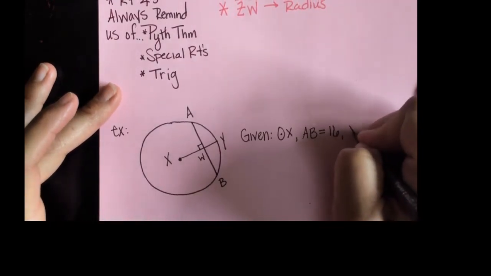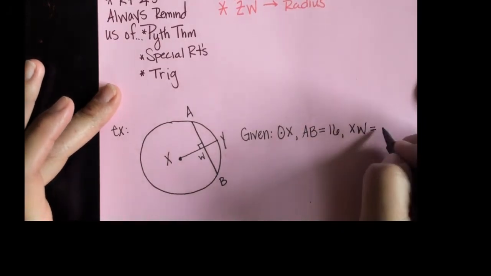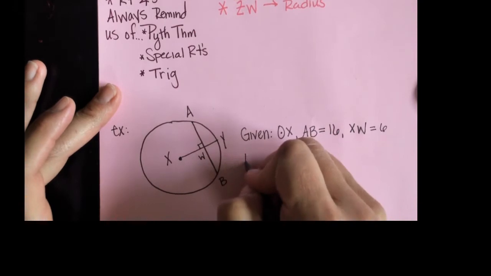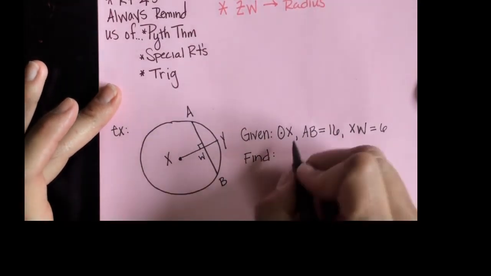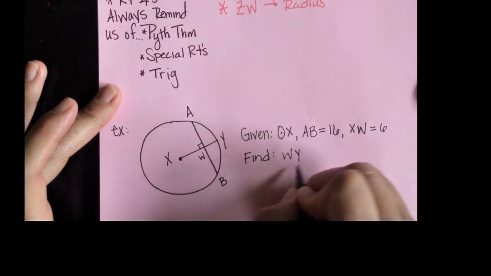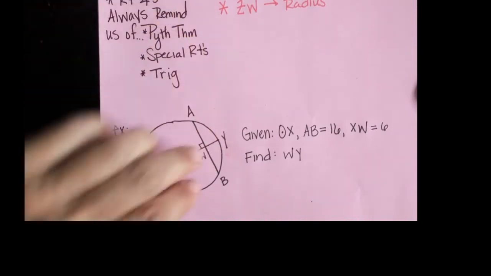I'm going to tell you that XW has a length of 6. And the question that I'm going to ask you is I'd like you to find the length of WY. So that's just this little guy here.